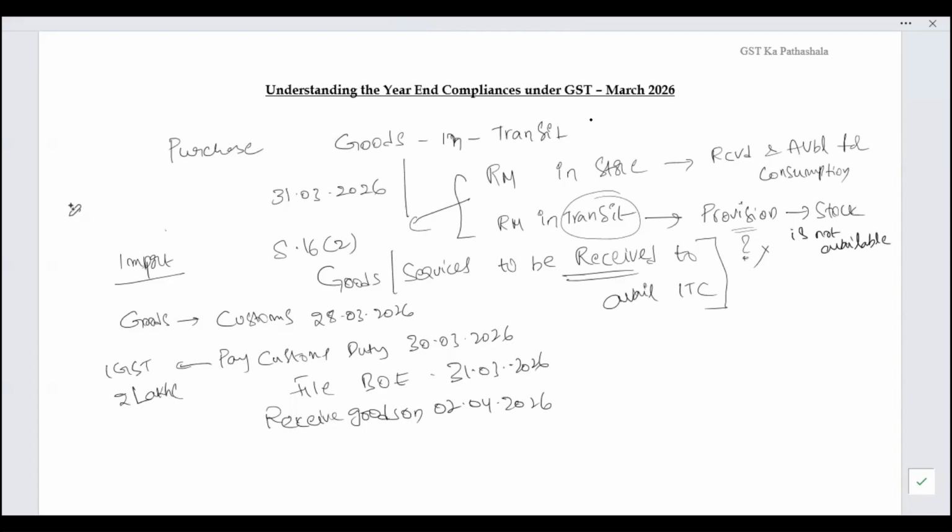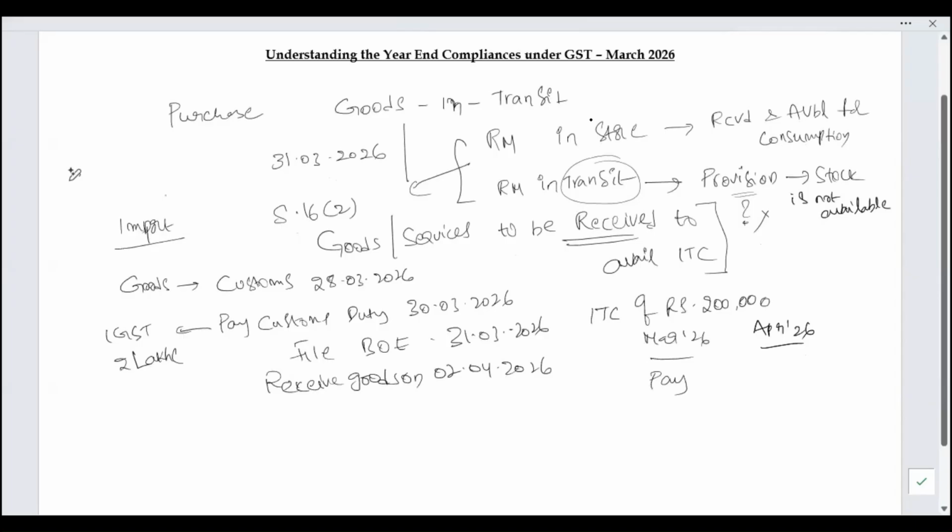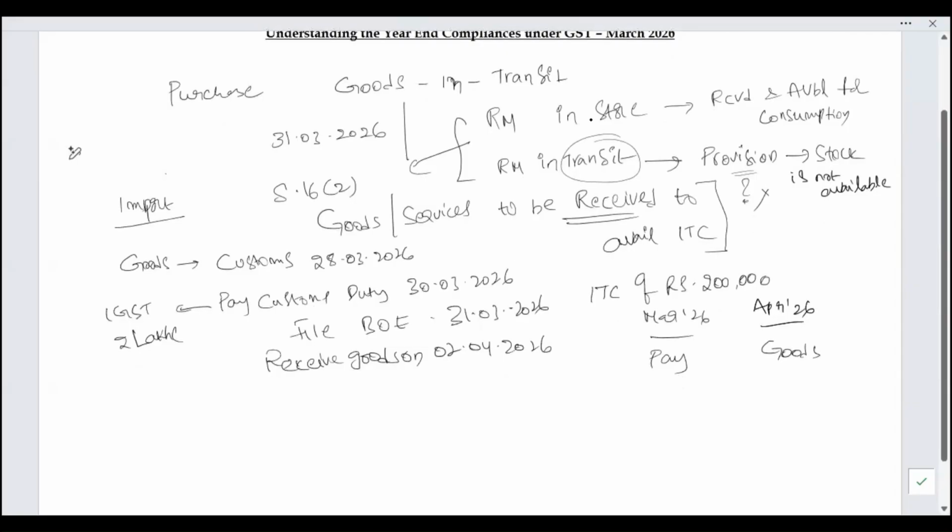So the question here is this input tax credit of rupees 2 lakhs. In March 26, I have paid, but actually April 26 is where I have received these goods. Availment happens in April 26 because as per section 16(2)(b), I have received the goods only in the month of April 26.